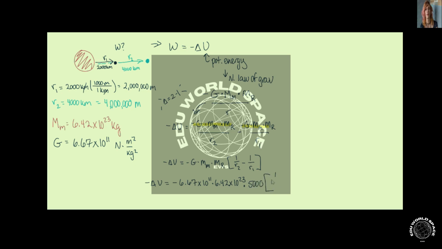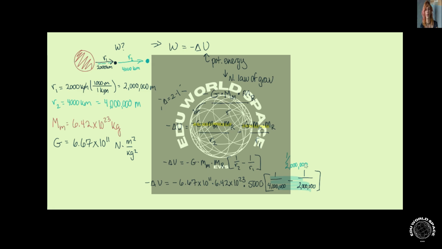And it's going to be 1 over 4 million, minus 1 over 2 million. Cool. So this all kind of pans out, especially this stuff in the brackets.